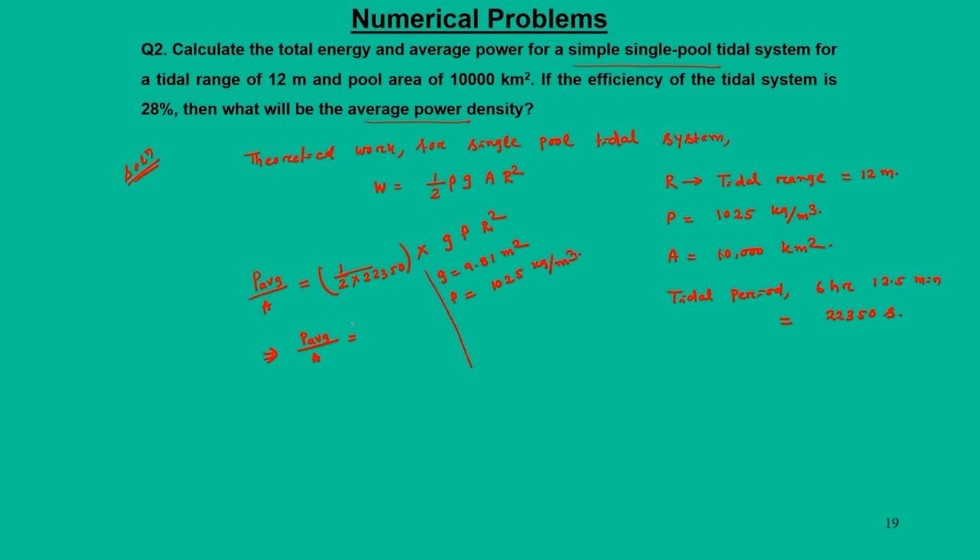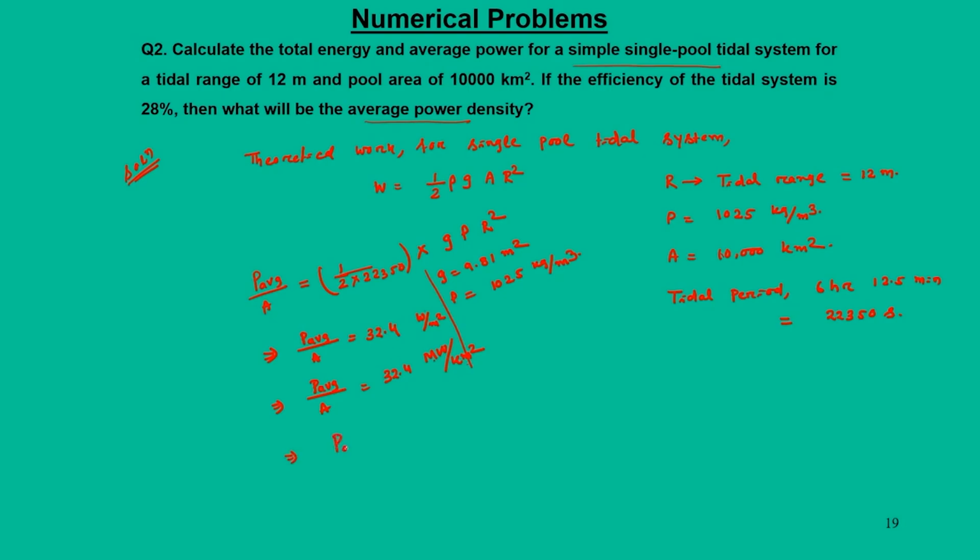Putting this number, this power is 32.4 watt per meter square, or we can rewrite it as 32.4 megawatt per kilometer square. That means watt is converted to megawatt, meter is converted to kilometer, so this number remains the same.